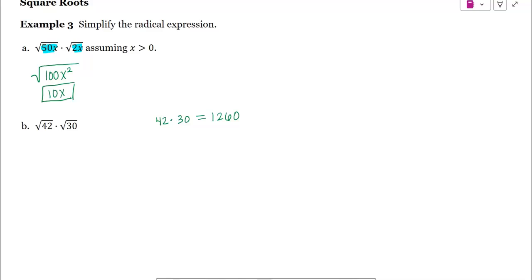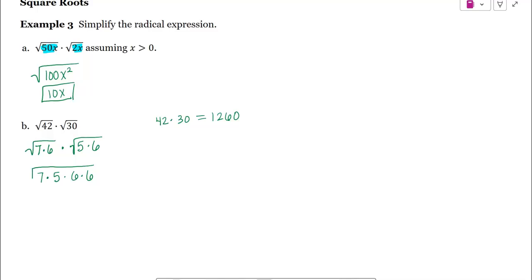So instead what I'm going to do is think about breaking 42 and 30 down into their building blocks. I know that they both have a 6 in common, so I'm thinking about 42 as 7 times 6, and I'm thinking about 30 as 5 times 6. So now if I put all of this together, I've got 7 times 5 times 6 times 6.